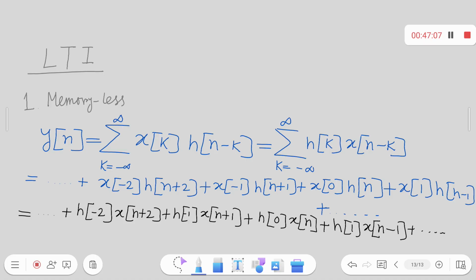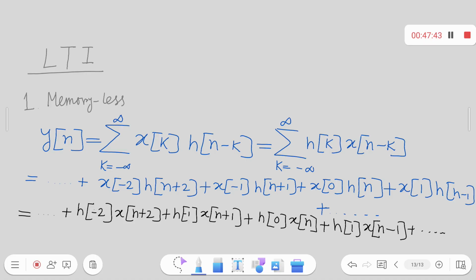So now, if you take a look at the expression, you have h of minus 2 x of n plus 2. Had this output been dependent on future samples, then this h of minus 2 should be non-zero. H of minus 1 should be non-zero if they depend on future samples. Similarly, if the present output depends on the past input, then this h of 1, h of 2, h of 3, h of 4 will be non-zero.